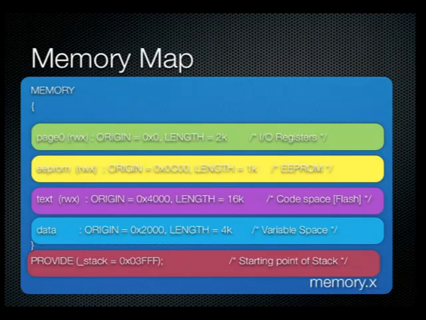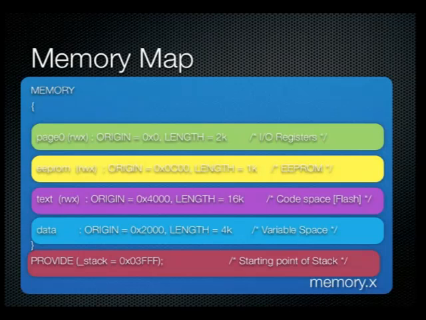We define text to be read, write, executable. That's what the bit in the brackets means. We define the origin to be at 4000 hex, and we say the length is 16K. So when you use a C compiler, it's going to put your program instructions at 4000, up to 16K in length.